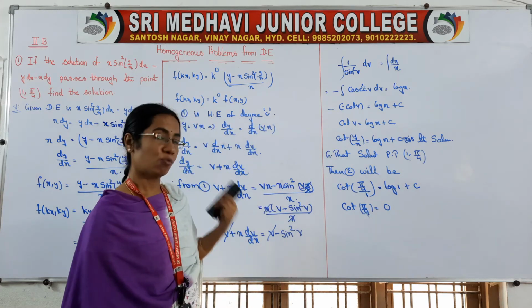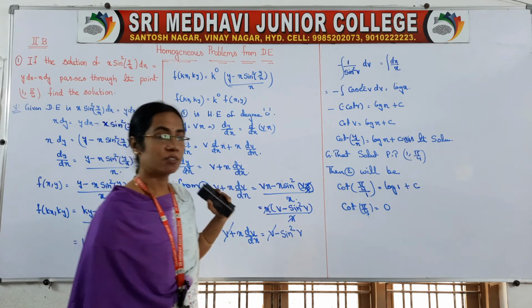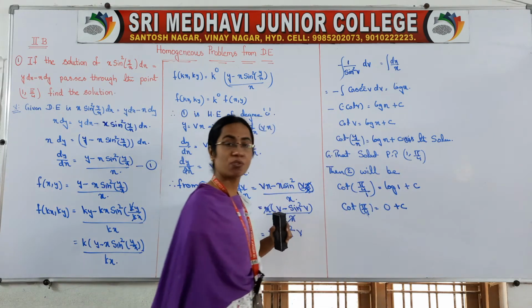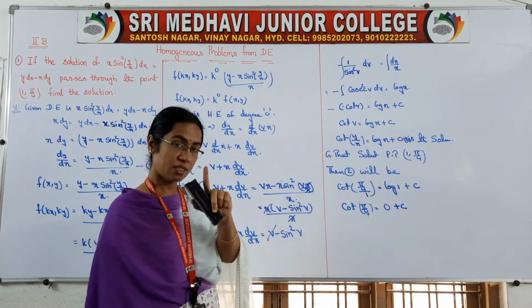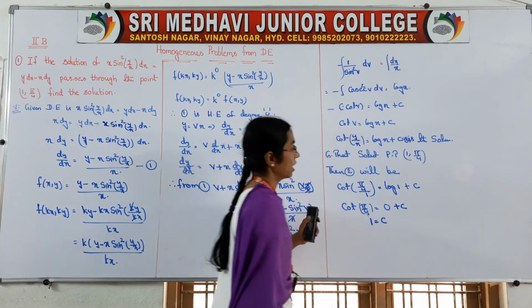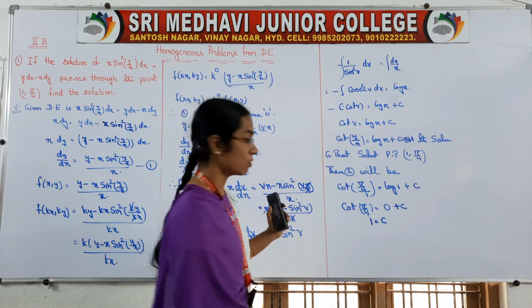It is a standard formula, log 1 value is 0, plus C. And pi by 4 means 45. Cot 45 is 1, so 1 is equal to C. So we got the C value as 1.